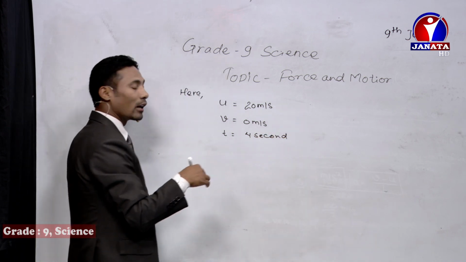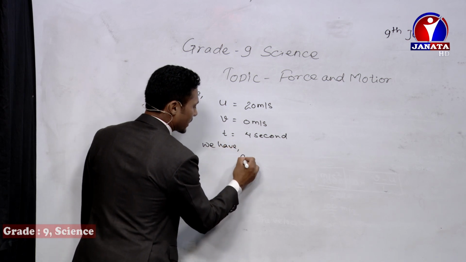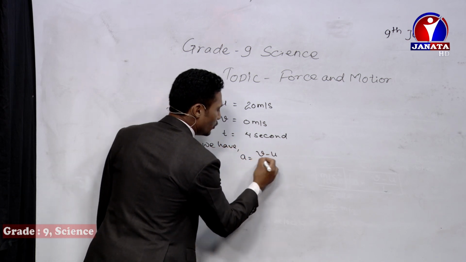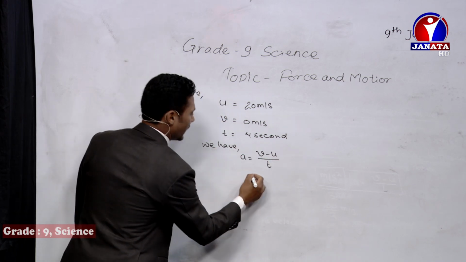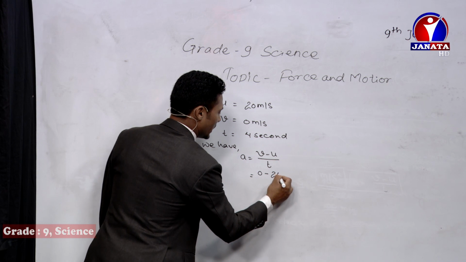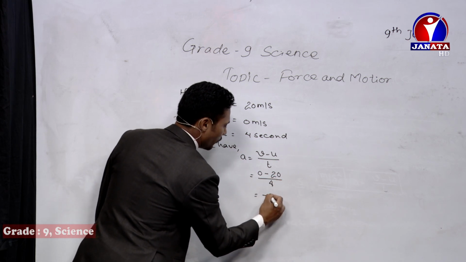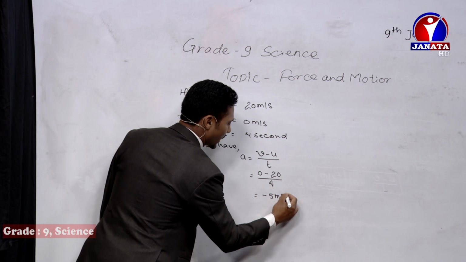Now let's calculate the acceleration. Acceleration equals v minus u by t. V is 0, u is 20, and t is 4, so this is minus 5 meter per second square.